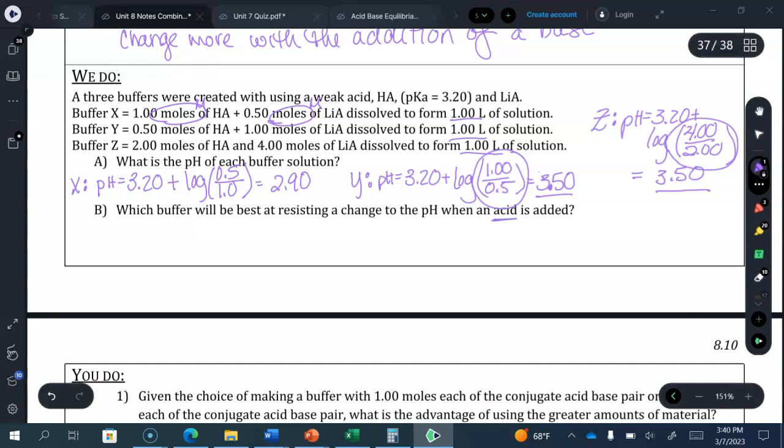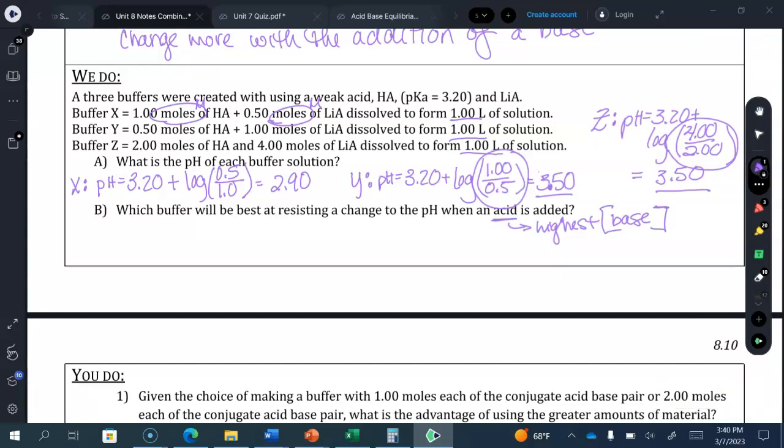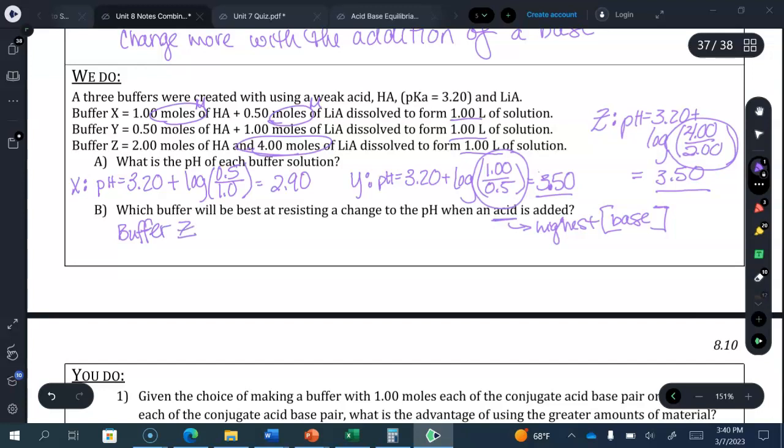Well, for adding acid, we're going to look for the one with the highest base concentration, because that will resist the change better than anything else. That would be the conjugate base, and that would actually be Z, because it has 4 moles of base per every 1 liter. So our answer is buffer Z, because its conjugate base is highest.